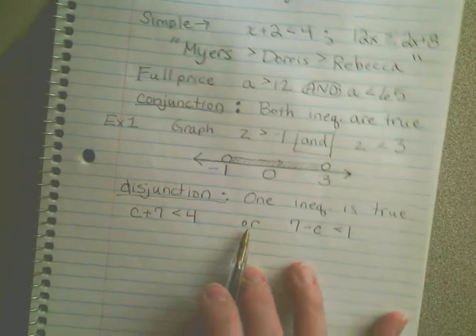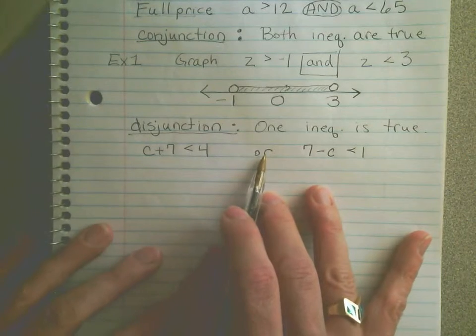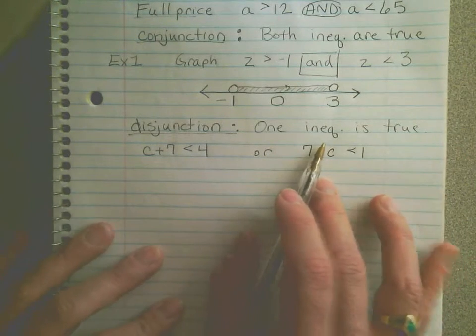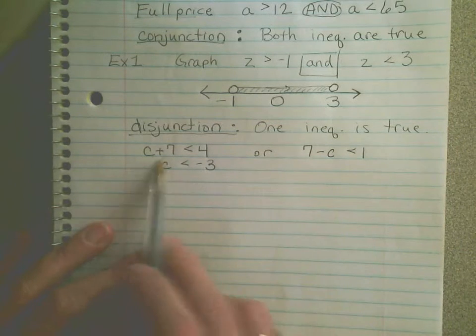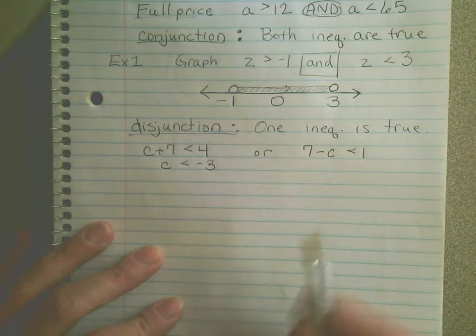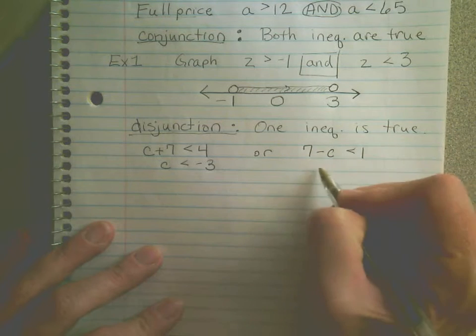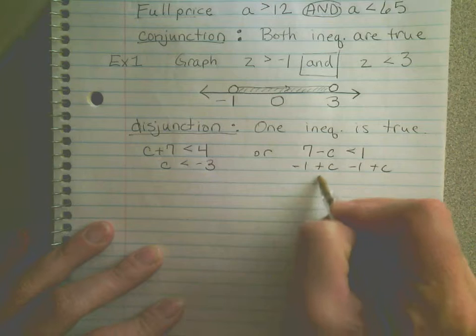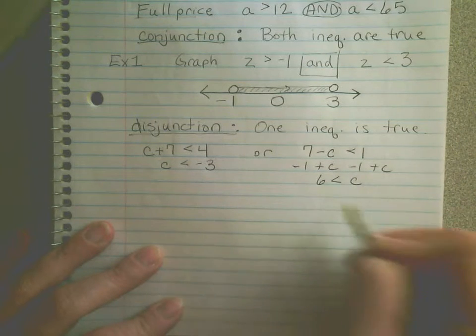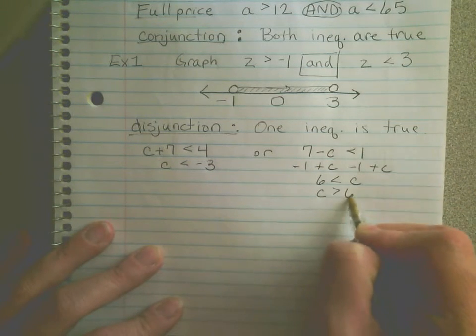Notice that or statement written there, making it kind of easy for you to see. It's an or. One of these must be true. So in this case, C is less than negative 3, right? Would you agree? And in this case, I'm going to add C and subtract 1. 6 is less than C, which means C is greater than 6.